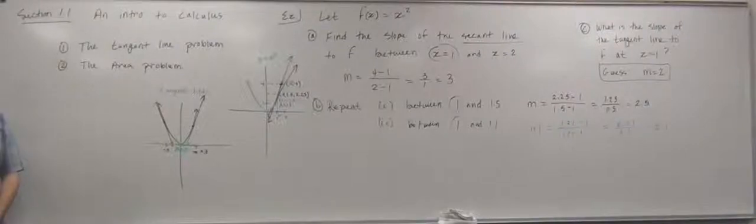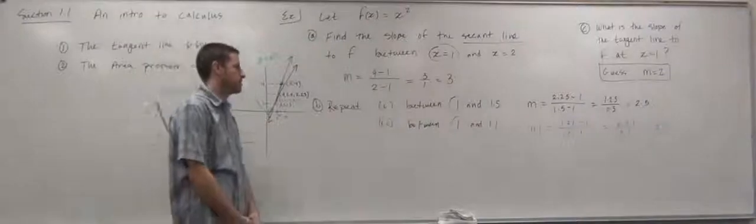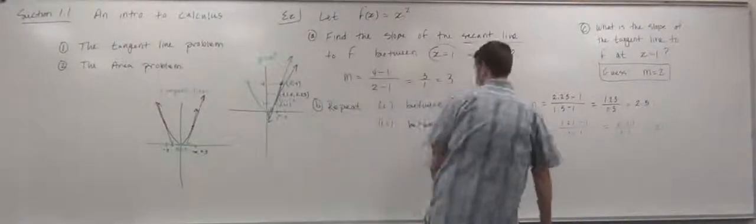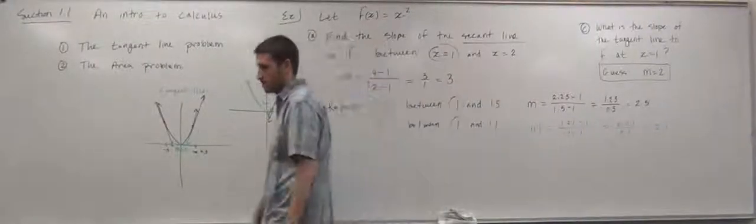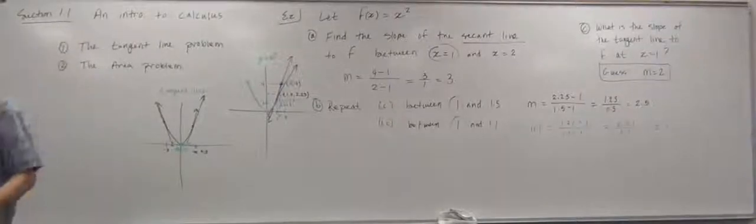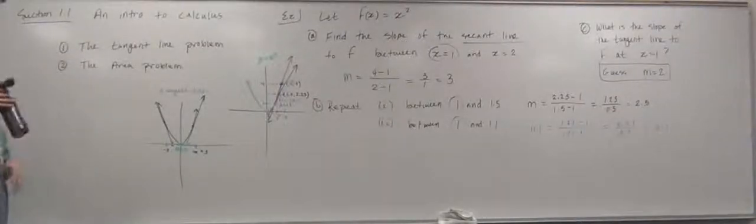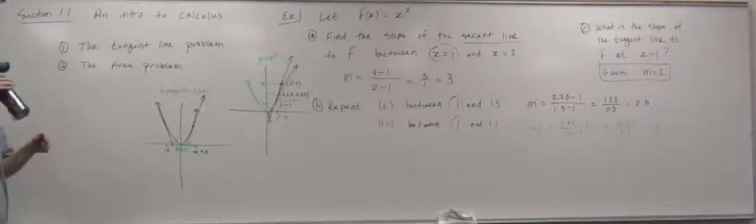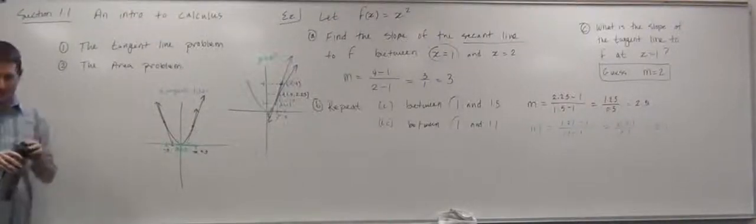How'd you get that? Because on that one you're at 1. So if the slope is 2, it would be like 2, 1. The graph of the equation of the line would be like y equals 2 parentheses 1.